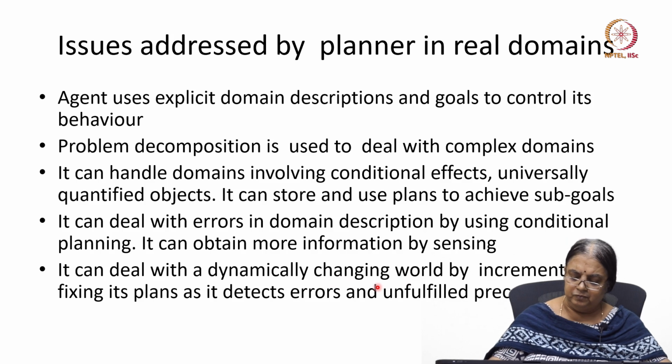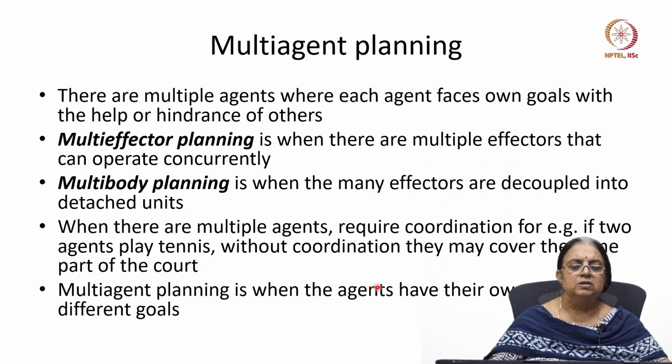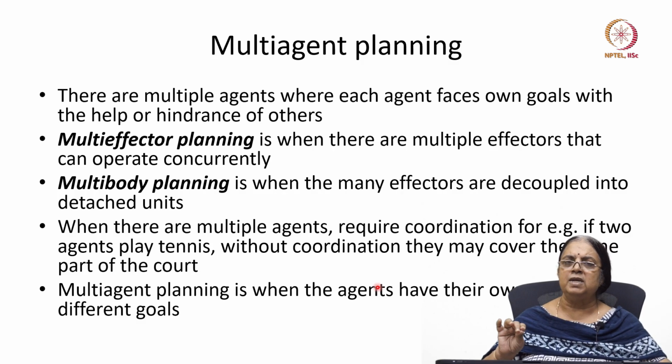The last type of planning I'm going to talk about is multi-agent planning. In other words, the planning is carried out not by one agent but maybe more than one agent.